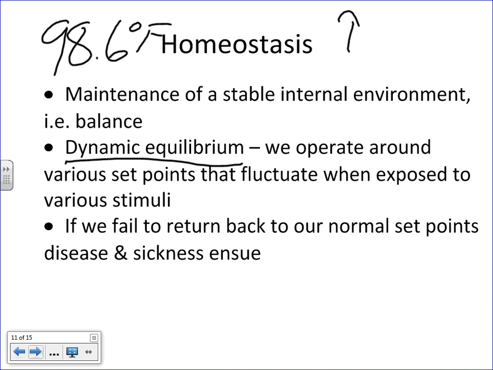Okay, and we have to get the water back in our system. So basically, there are certain set points, like 300 milliosmoles of sodium per liter of water, but basically you get the picture here. So that's homeostasis, maintaining balance, and part of that balance is that there are certain set points.